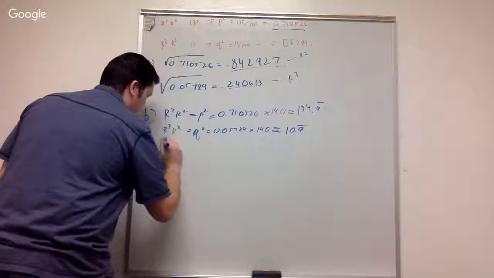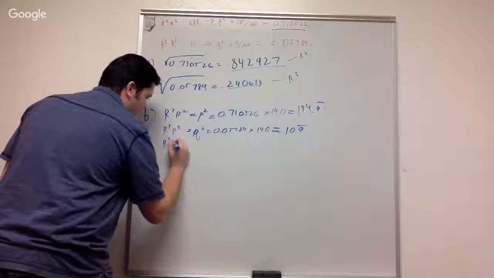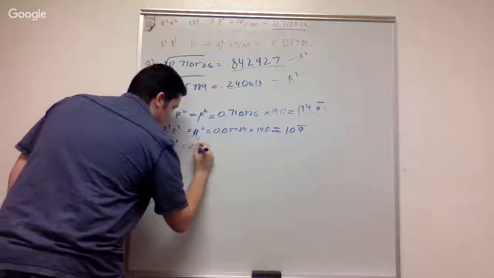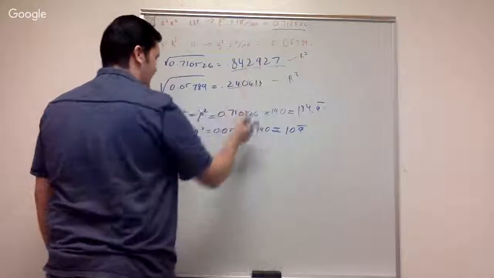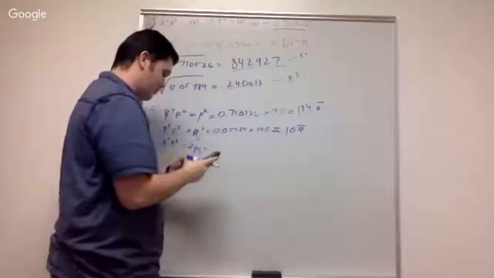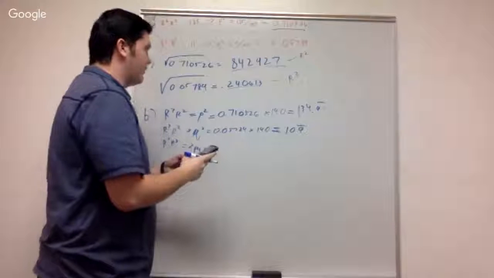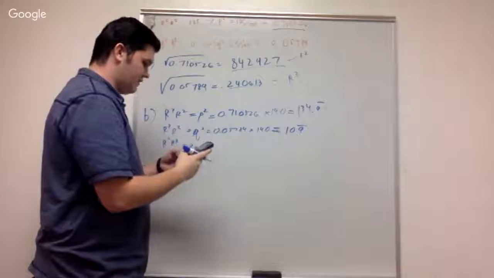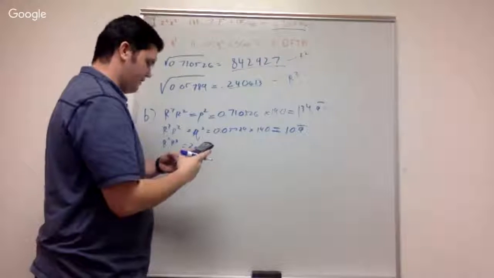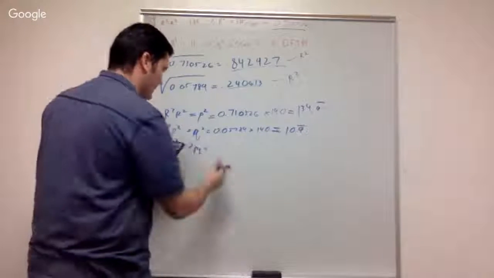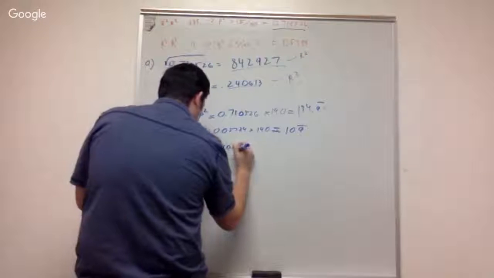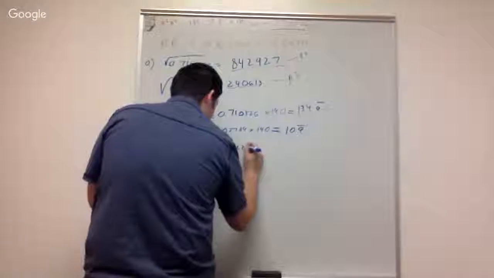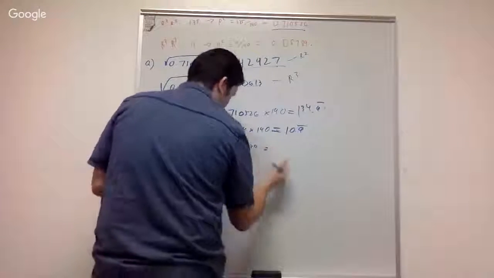To get our heterozygous expected, that is equal to 2pq. Our p and q are right up here. So 2 times 0.842927 times 0.240613 gives us 0.40563839.